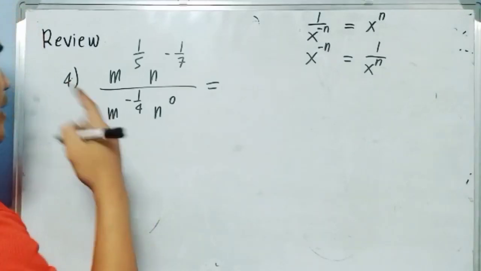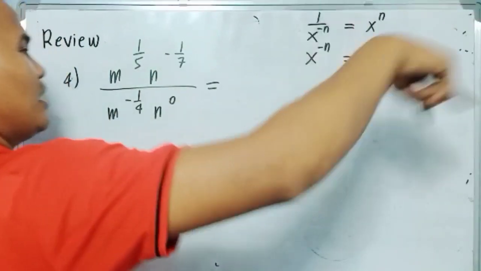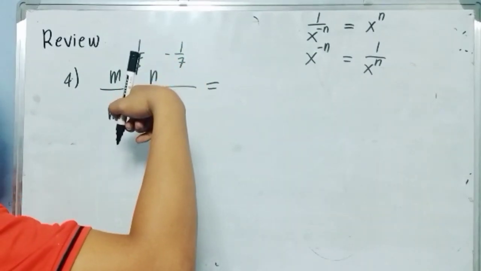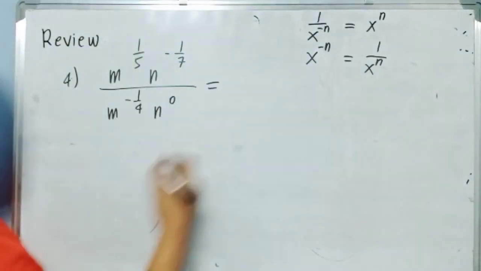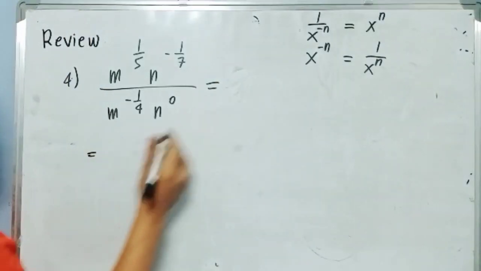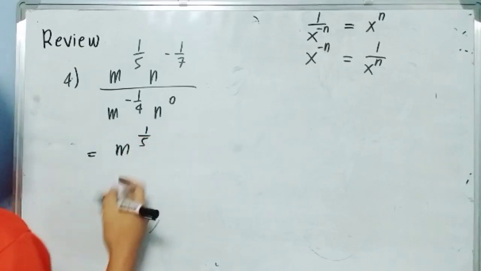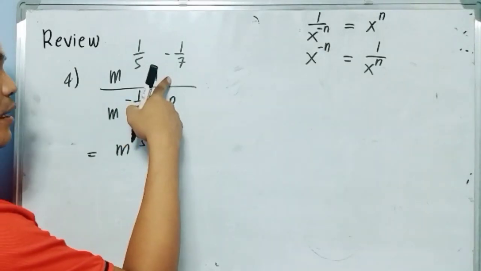So in this example, we can apply this law of exponents in our example number 4. For m, the exponent is positive, so it remains. Put it down in the denominator, just remain it. How about this one?